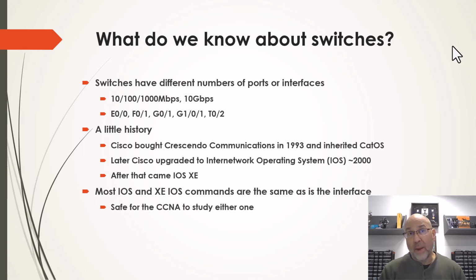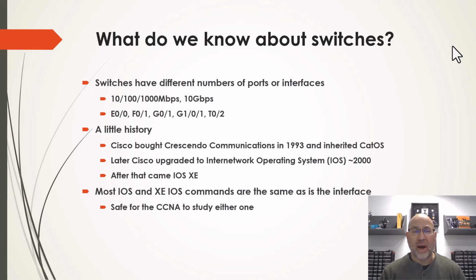Now, what might you run into in terms of a switch or an OS? I'm going to call it an operating system because they've had different names for them. Cisco bought Crescendo Communications in 1993 and inherited what they called their Catalyst switches, and therefore the Catalyst operating system, or CatOS. If you have to work with one of these, I'm sorry.